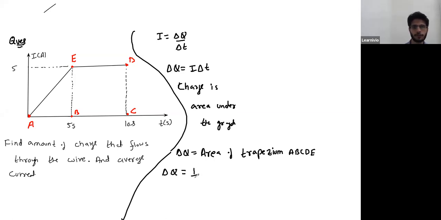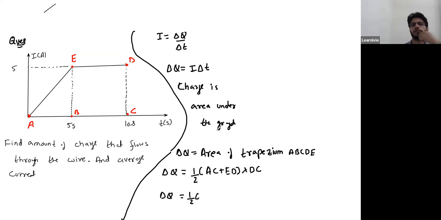It's not half B into H. It's half the sum of parallel sides. The parallel sides are AC and ED, multiplied by the separation between them. The separation between them is DC. So your delta Q is half.